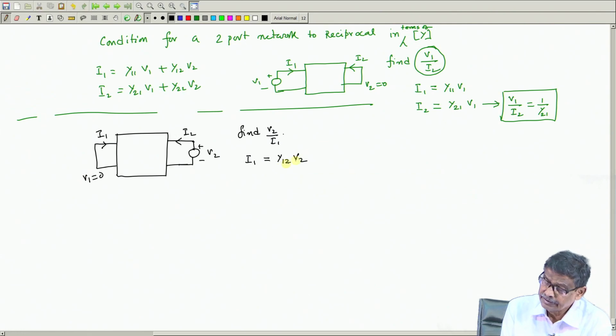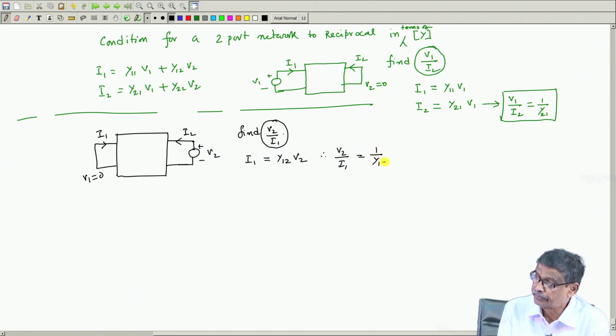No point in writing down the second equation, because I have achieved what I wanted from the first equation itself, that is V 2 by I 1 is equal to 1 over y 1 2.